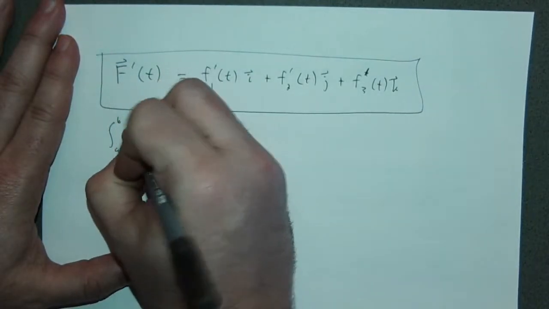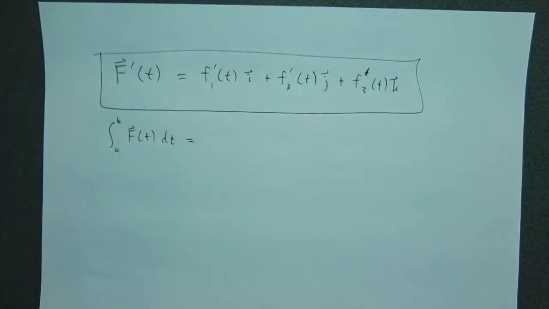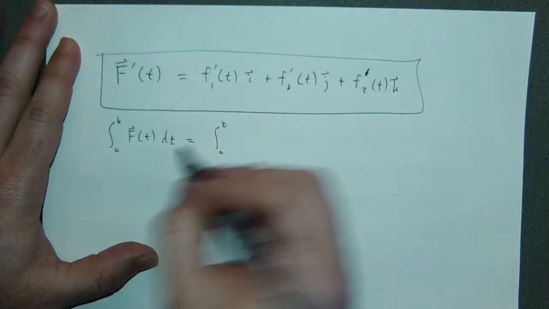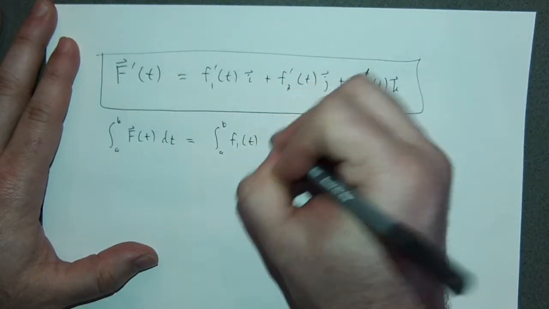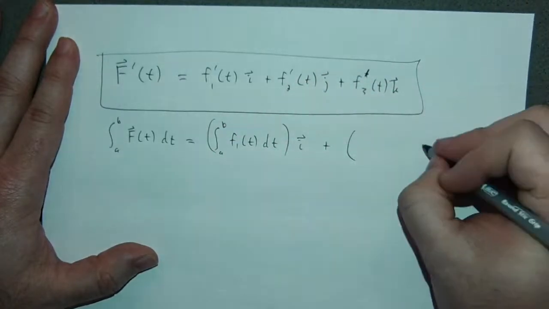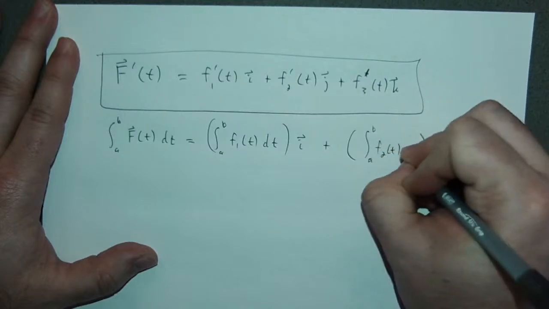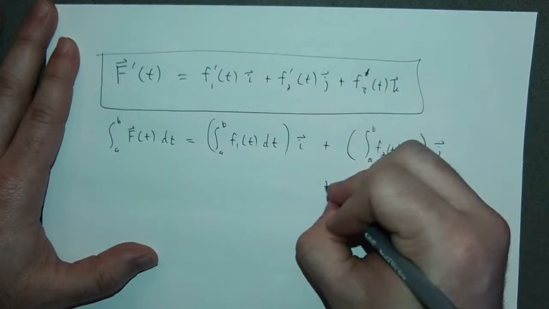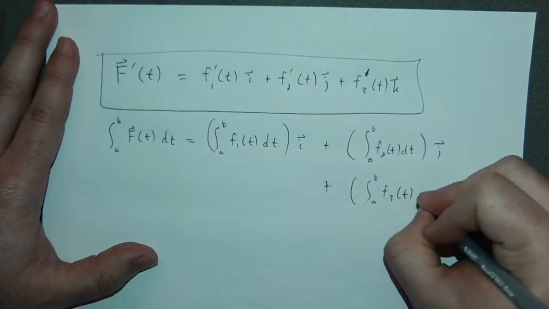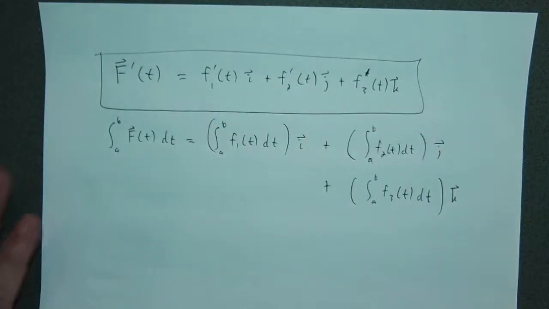Let's take a definite integral of a vector valued function. What is that going to be? It's going to be exactly what you think. It's going to be the constant vector you get by integrating each of the components. We're not going to do this very much. We are, however, going to take many, many derivatives of vector valued functions. So this we're going to do quite often.